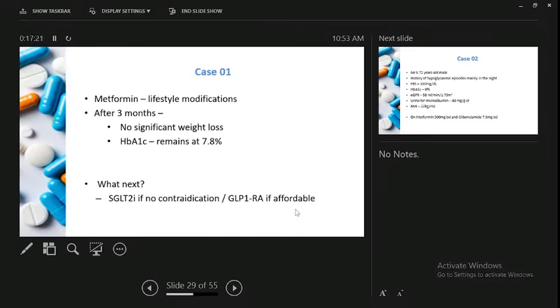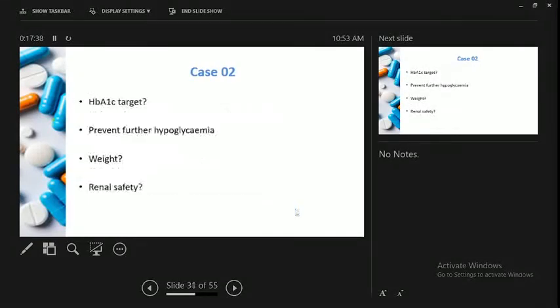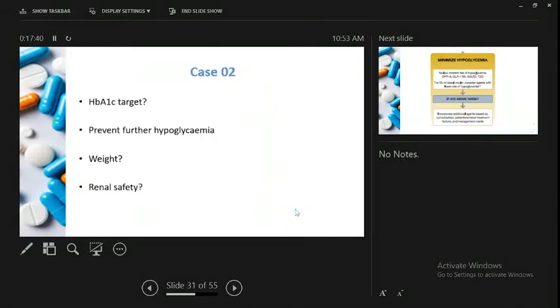So in this patient, the second option would be either SGLT2 inhibitor or a GLP-1 receptor agonist, and if both cannot be used, because they can't afford it, then probably you can try a DPP-4 inhibitor, that is sitagliptin or linagliptin or vildagliptin. Okay, let's move to the next patient.